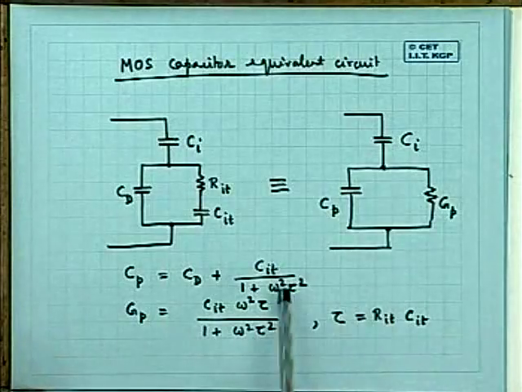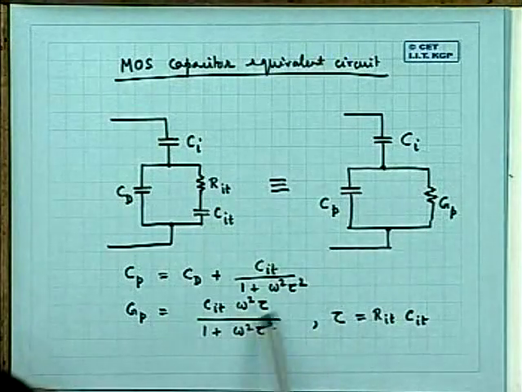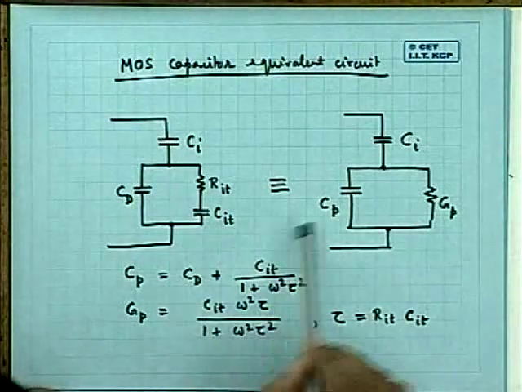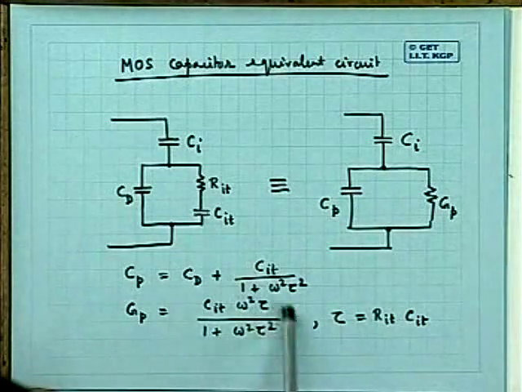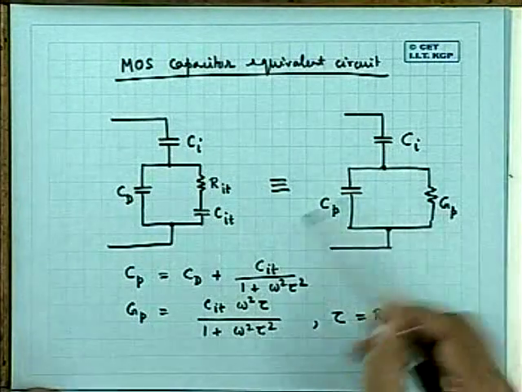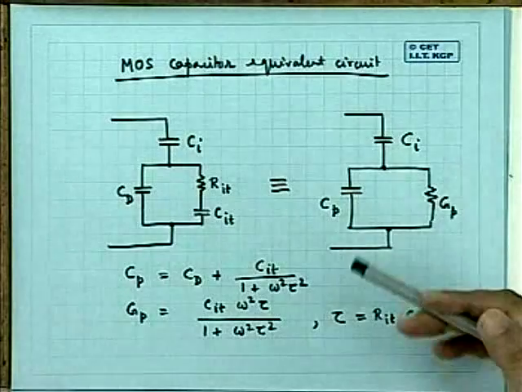You see that when I ignore the effect of CIT, the second term becomes 0, so it becomes simply CD, and this term also becomes 0, means this is eliminated. Conductance 0 means open circuit.